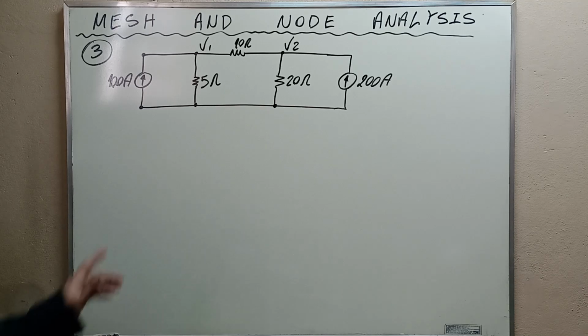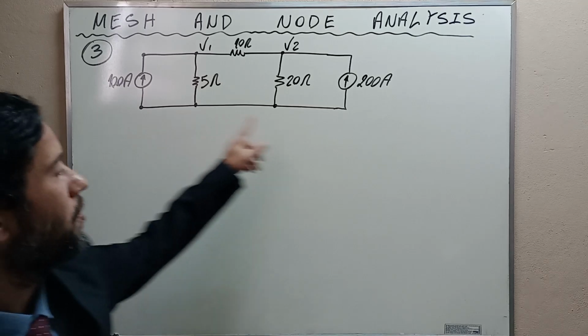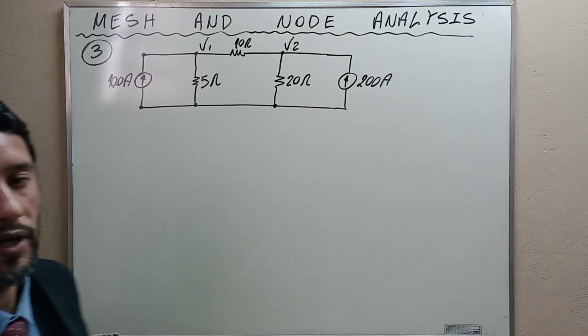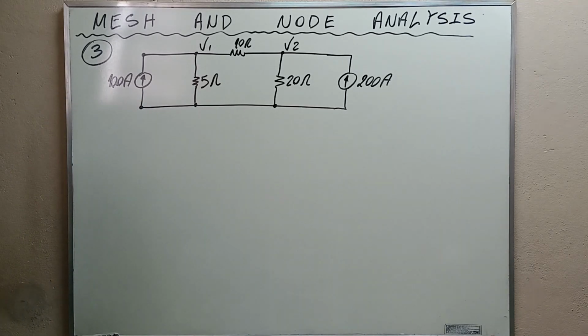Alright, we are going to convert these two current sources into voltage sources. This is how we are going to solve this exercise. Obviously, there are other ways of solving this exercise. We chose this method.